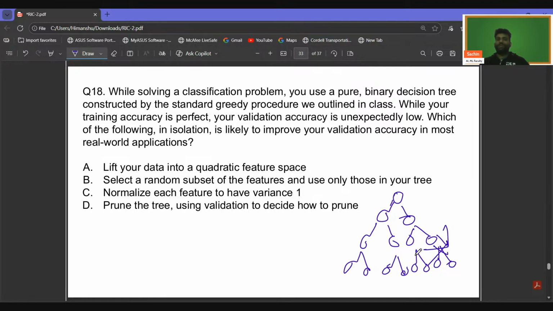That is what pruning is. We do not get into further splitting of the data points. We stop then and there, making that particular node the leaf node itself, used for classification. So pruning helps in avoiding overfitting, and how we prune is already mentioned over here: using validation, cross validation.